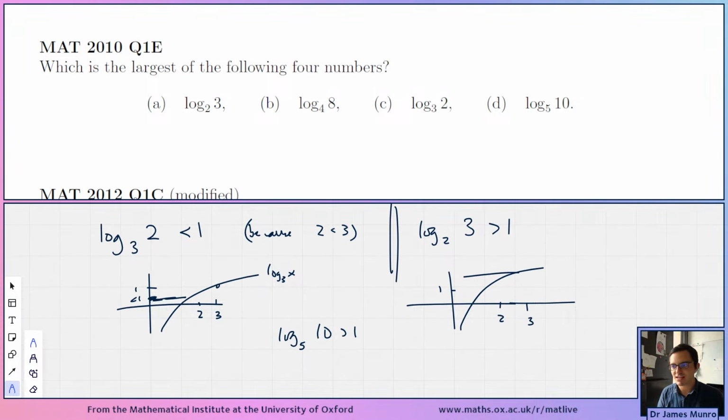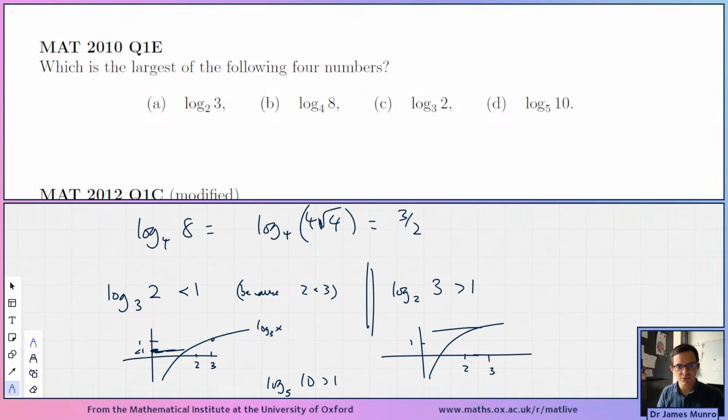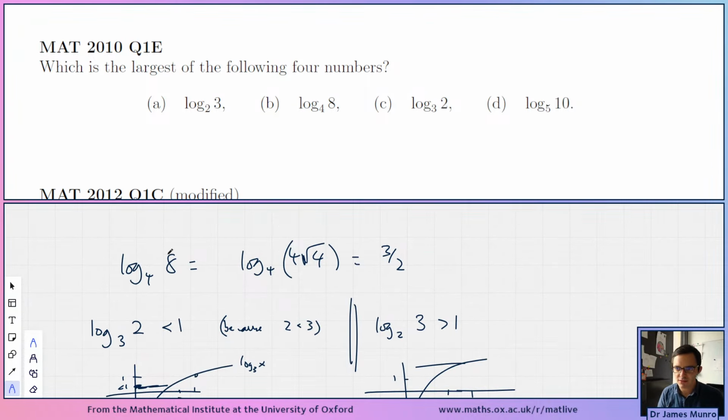Log base 5 of 10 is bigger than 1. How large is it? So that log base 4 of 8 thing, that's where 8 is quite large. It's 4 times the square root of 4. Is 10 larger than 5 times the square root of 5?